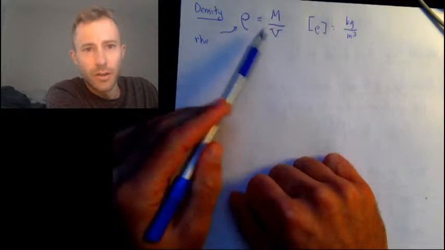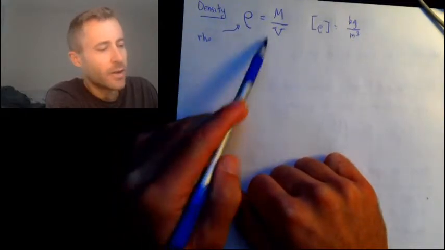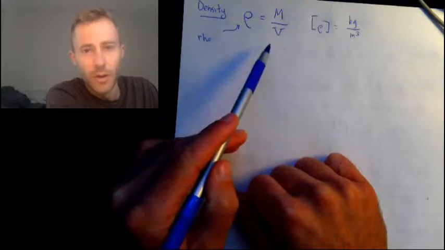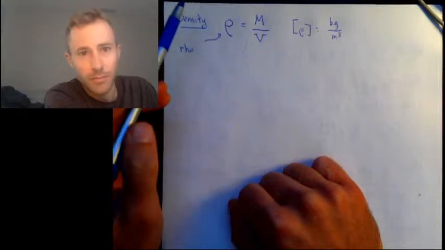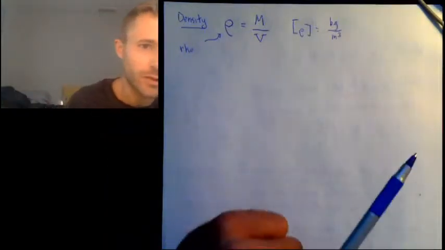So we are going to use this today to calculate the mass of a planet. What if you knew that a planet is made out of rock of a certain density? Because rock has a certain characteristic density.